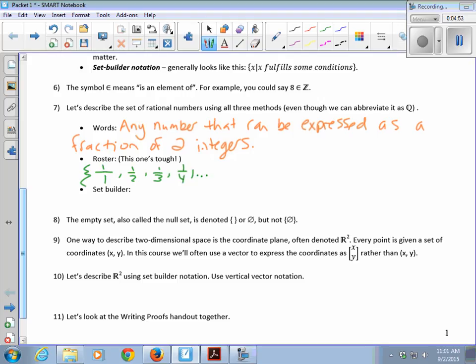And then I start listing fractions that have 2 as a numerator. 2 over 1, 2 over 2, 2 over 3, dot, dot, dot. 3 is a numerator. 3 over 1, 3 over 2, 3 over 3. And then we just keep doing that. Right. There's going to be some repeats here because 2 over 4 is going to be the same as 1 over 2. So I will get some repeats, but I'm not going to miss anything if I do this.